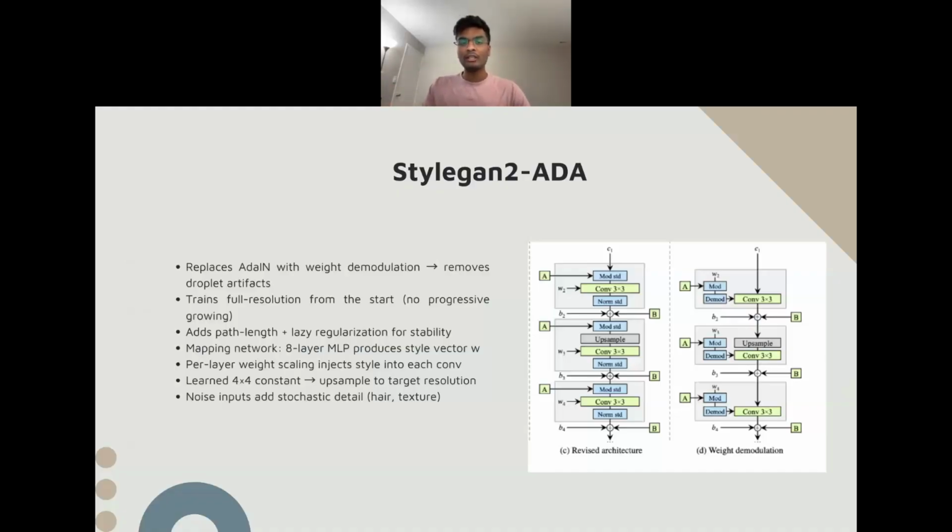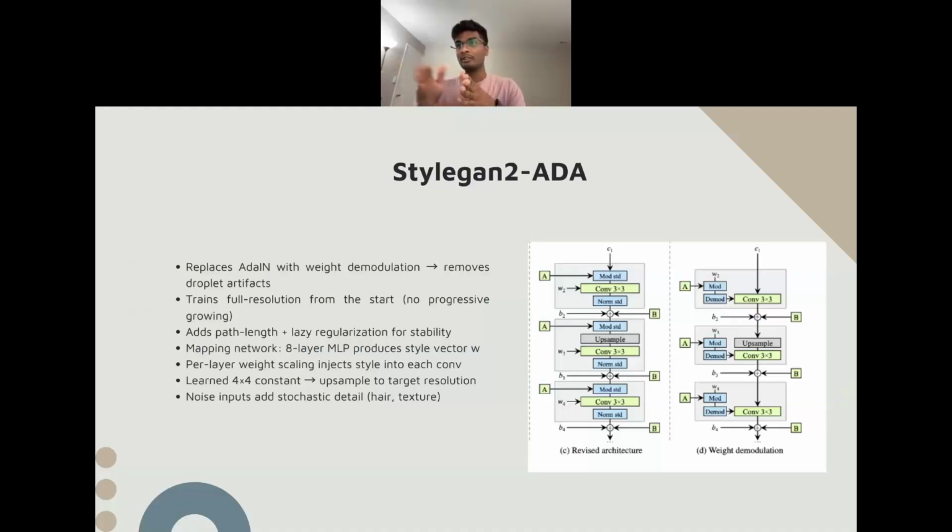Another thing StyleGAN introduced is training images at full resolution rather than progressively growing the network. It also introduced path length regularization and lazy regularization that help us maintain smooth latent traversals so that the gradients flow smoothly during training.